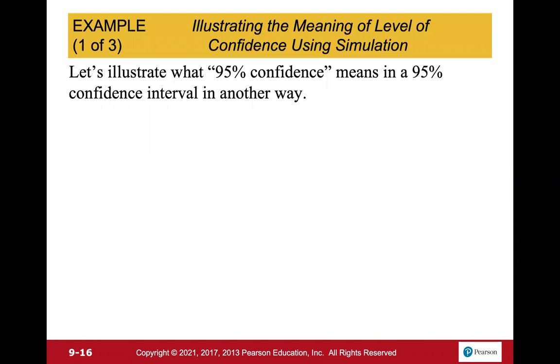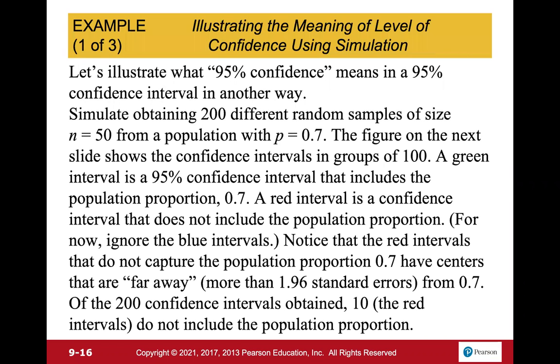All right, so here we illustrate what 95% confidence means on a 95% confidence interval in another way. Simulate obtaining 200 different random samples of size n equals 50 from a population with p equals 0.7. The figure on the next slide shows the confidence intervals in groups of 100. A green interval is a 95% confidence interval that includes the population proportion 0.7, and a red interval is a confidence interval that does not include the population proportion.